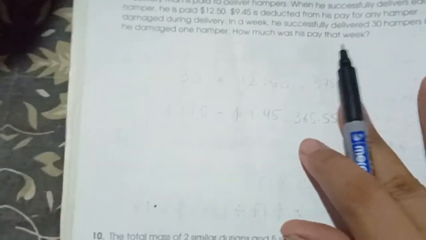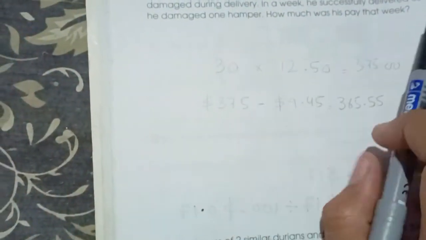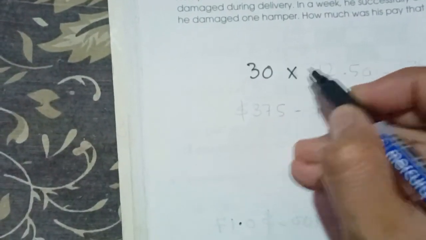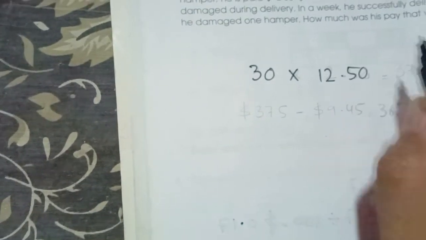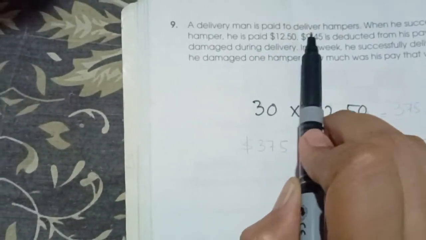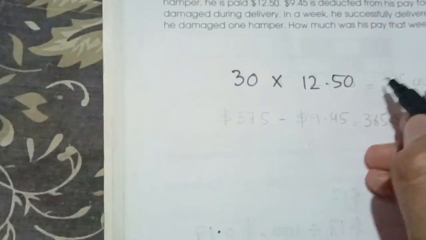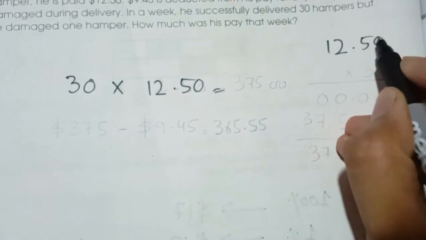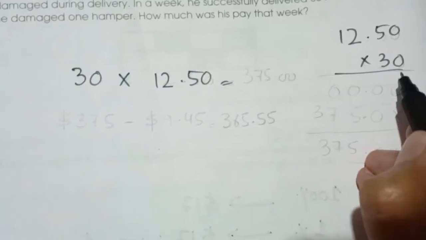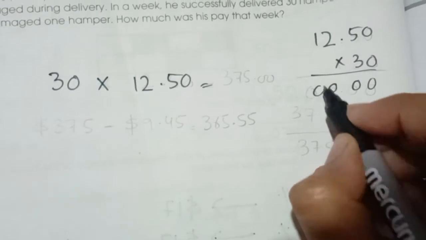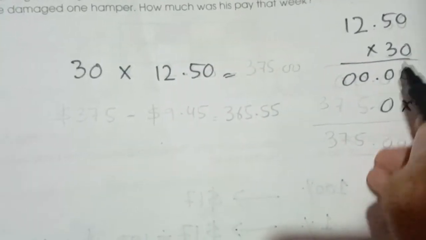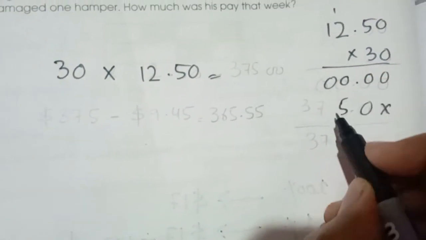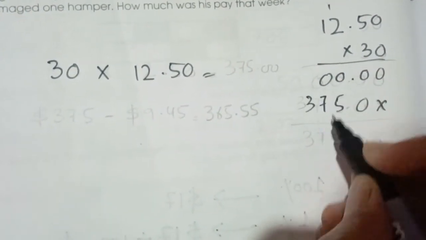So what we have to do, first he delivered 30 hampers. So the amount of 30 hampers, 30 multiplied by 12.50, the amount he gets per hamper, is, let's make the rough work, multiply by 30, 0 0 0 and 0, 3 0 0, 3 5s are 15, 1 here, 3 2s are 6, 6 plus 1 is 7, 3 1s are 3.